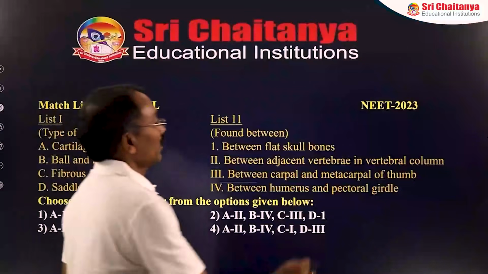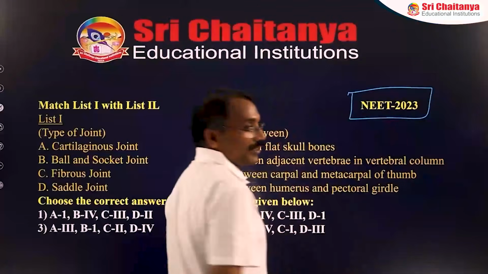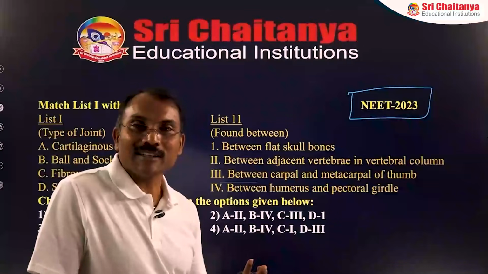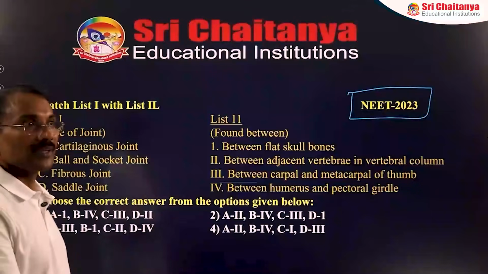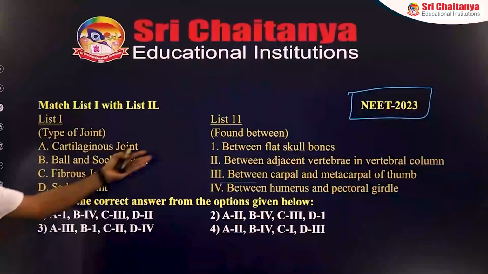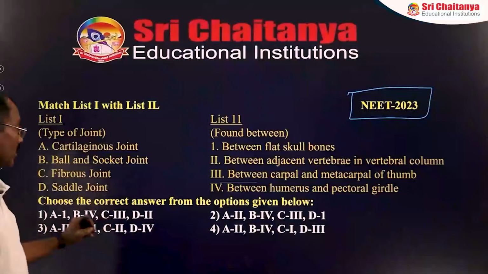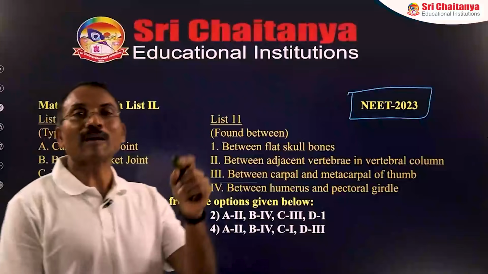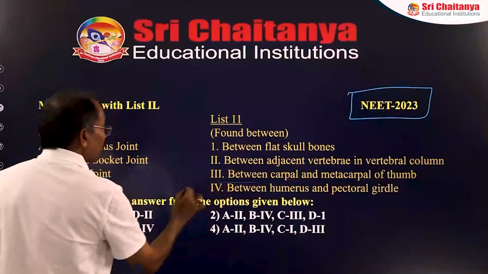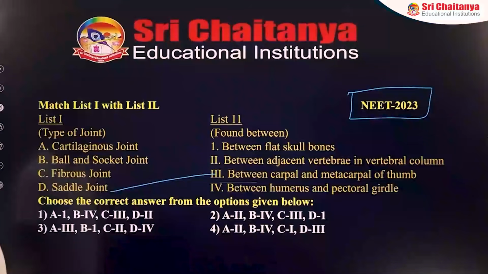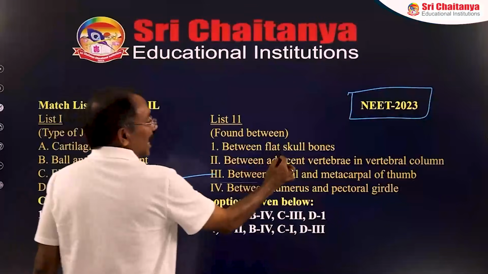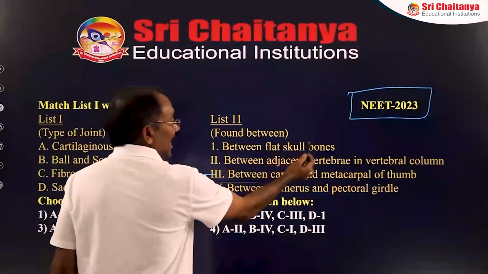Another question. NEET 2023, almost the same question, based on the joints. Here also cartilaginous joint, ball and socket joint, fibrous joint, saddle joint. You know saddle joint lies between carpal and metacarpal of thumb. Fibrous joint: flat bones of skull, cranial bones are the examples of flat bones.